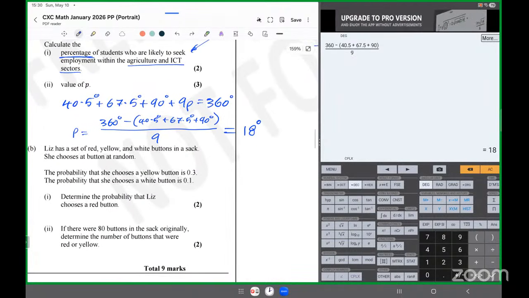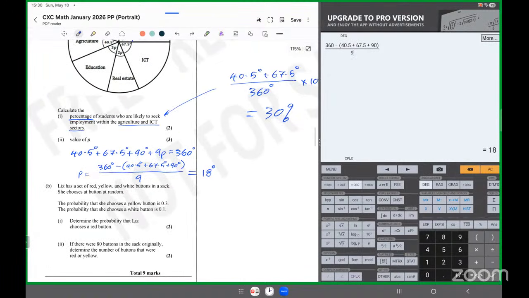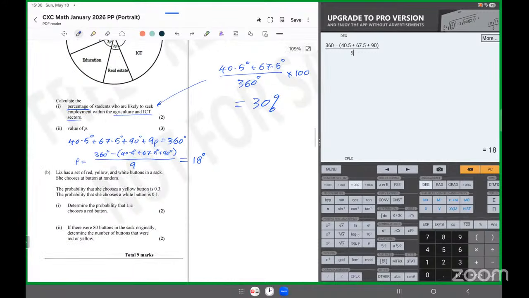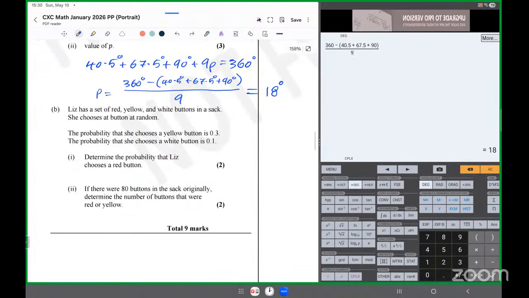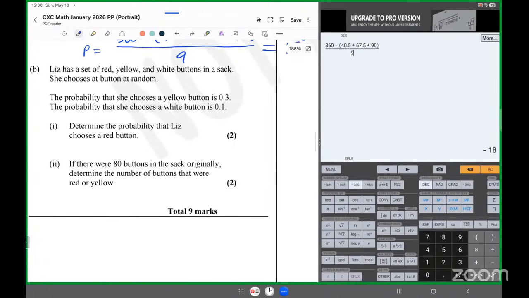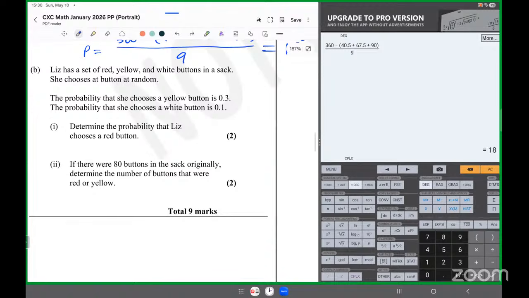Next question says, Liz has a set of red, yellow, and white buttons in a sack.